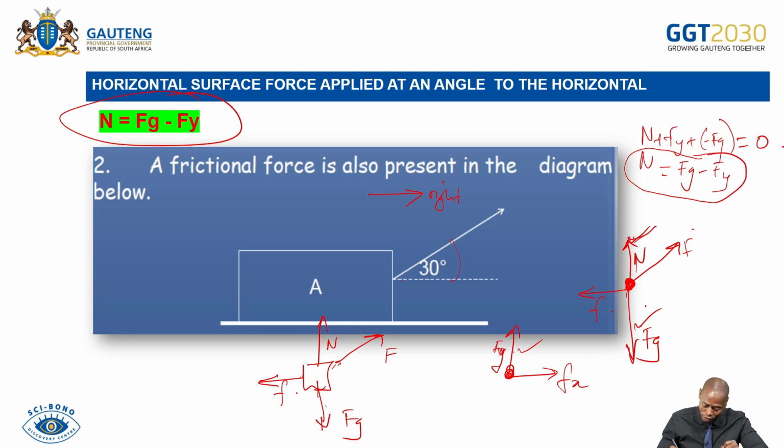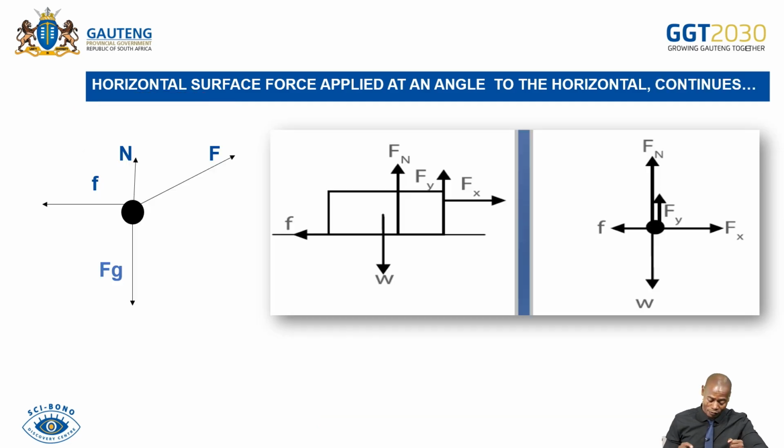Here it was 1, 2, 3. If it was 1, 2, then they were going to be of the same magnitude, right? But now there are 3. So you add the 3 of them, equate that to 0 because they are still balanced since the object is moving horizontally, not vertically. Then try to find the magnitude of the normal force there. It will be Fg minus Fy.